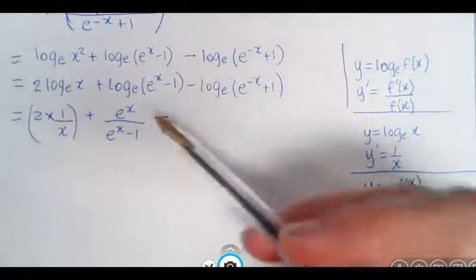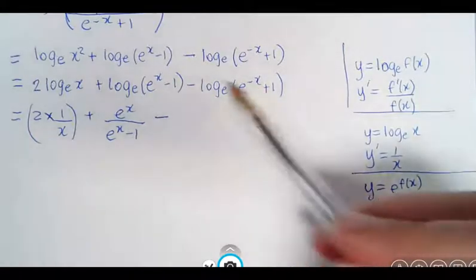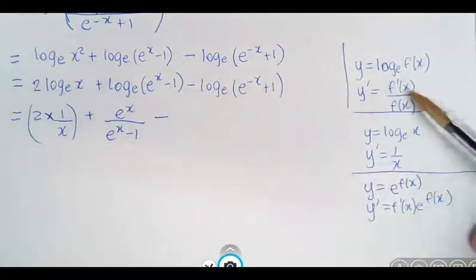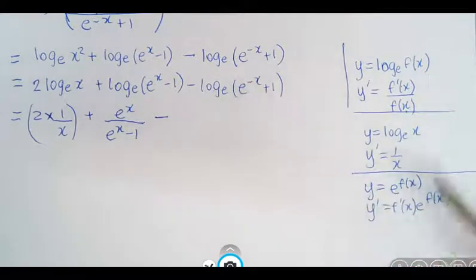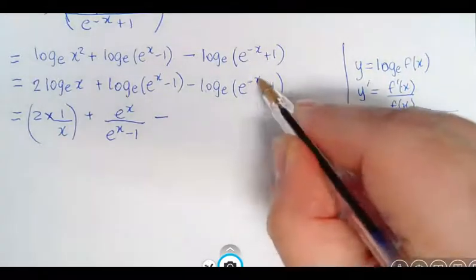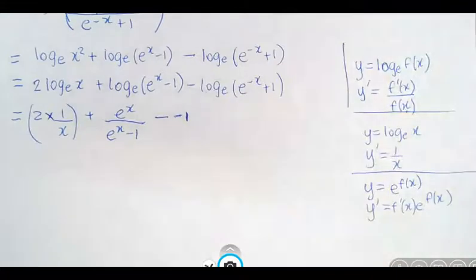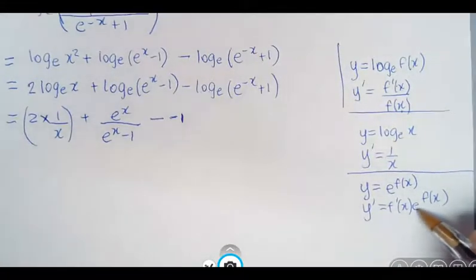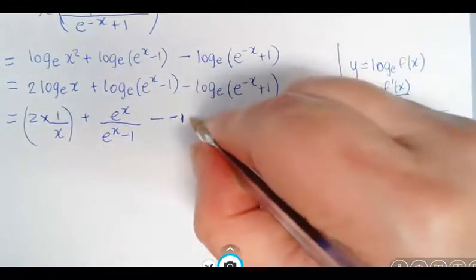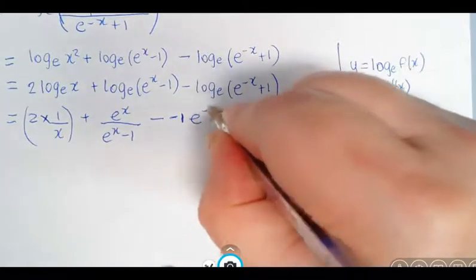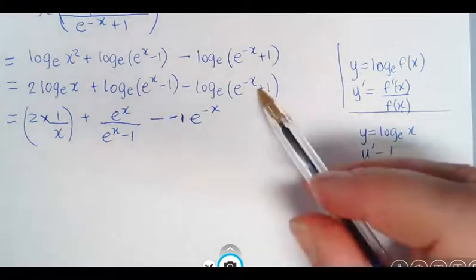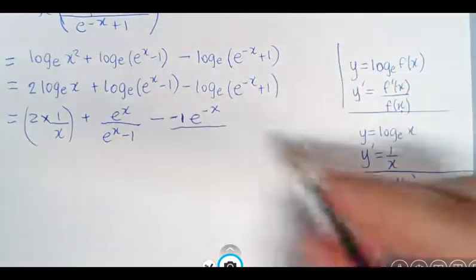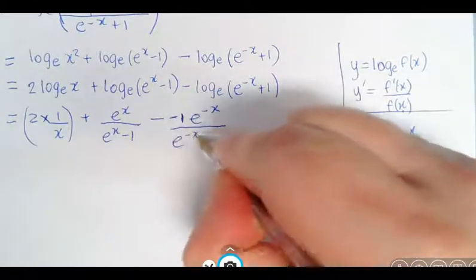So to differentiate e to the negative x, that's e to the function of x, so it's the derivative of the function, the derivative of negative x, which is negative 1, times e to that function, so times e to the negative x. So that's the derivative of just that. The derivative of plus 1 is 0, over here is my function, e to the negative x plus 1.